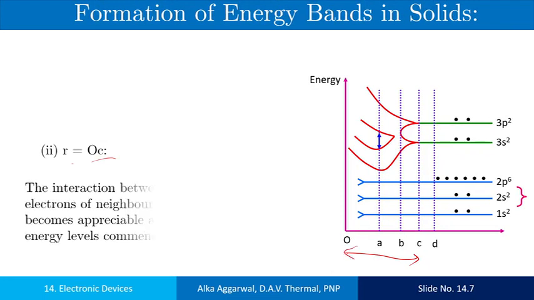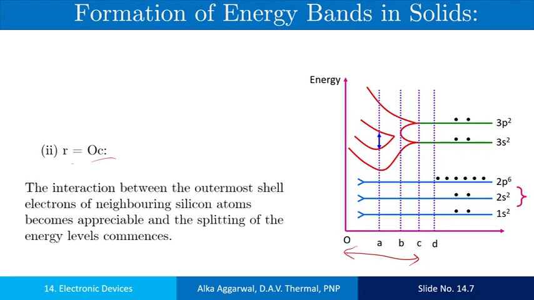At this distance, the interaction between the outermost shell electrons of the neighboring silicon atoms becomes appreciable and the splitting of the energy level begins.